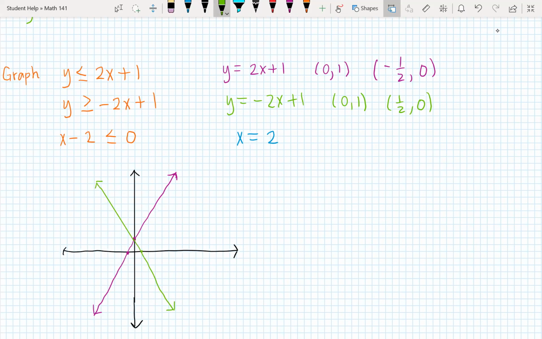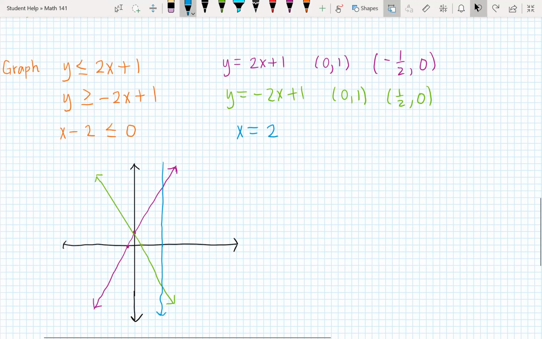And then our last line is x equals 2, which is over here. Like that. Undo that. Right, there's my third line.